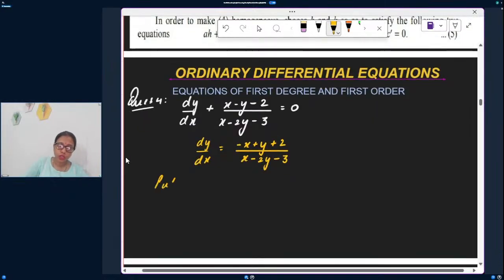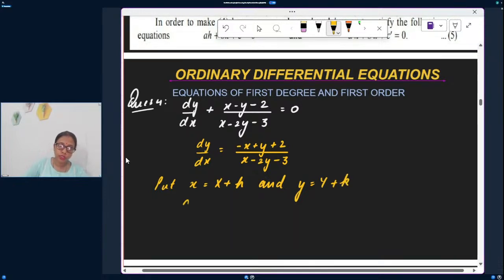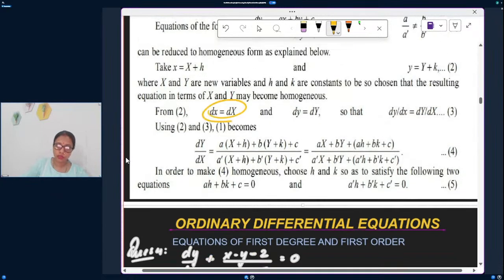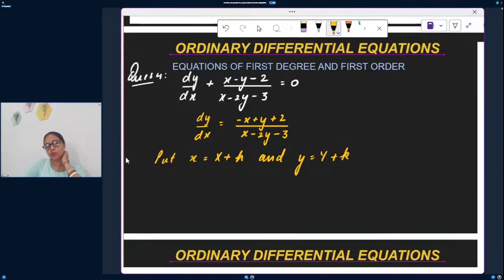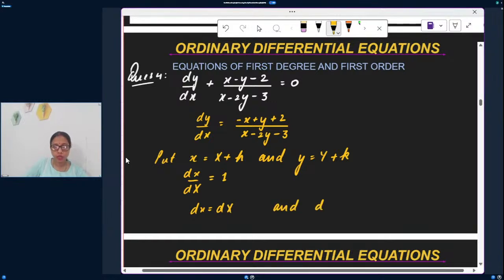So put small x as capital X plus h and small y as capital Y plus k. What you need to do now is differentiate both sides with respect to capital X. So dx by dX is equals to 1. So it implies dx is equals to dX, right? Similarly, you will get dy is equals to dY. So here this will be exactly changed to dY divided by dX.